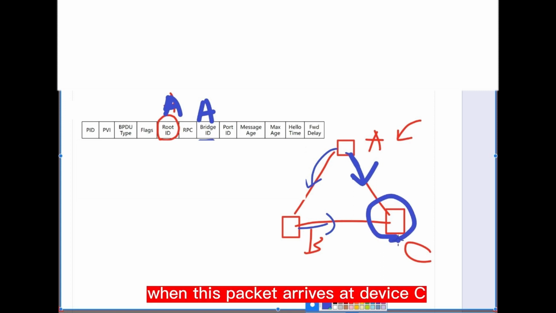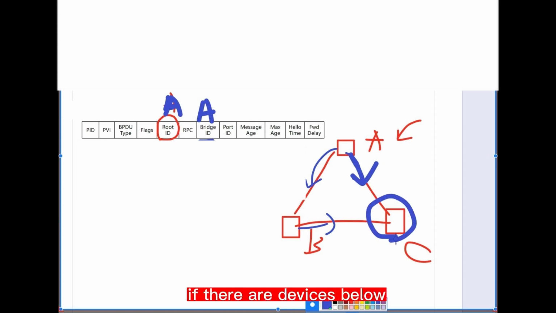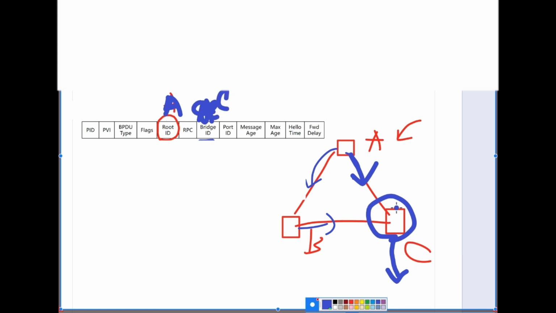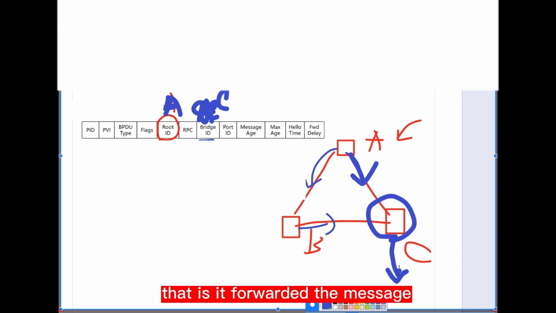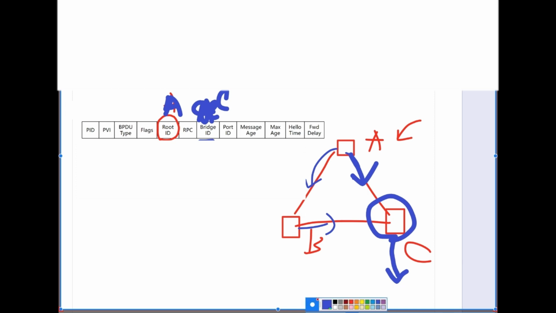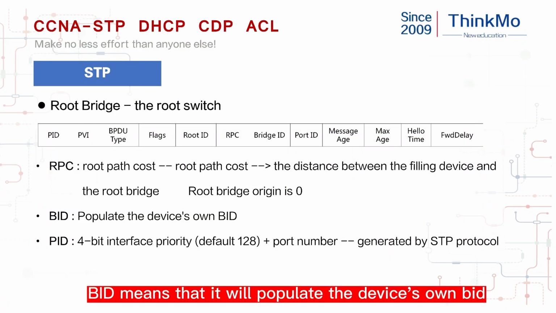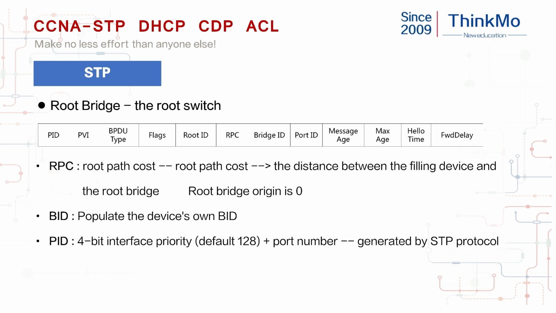When this packet arrives at device C, if there are devices below and it wants to forward the message down, the root ID in device C is A, but the bridge ID will be changed to C. That is, when it forwards the message, it needs to change the bridge ID of the sending message to itself. BID means that it will populate the device's own BID. Looking down, there is a PID.